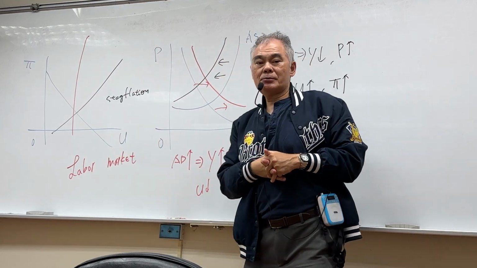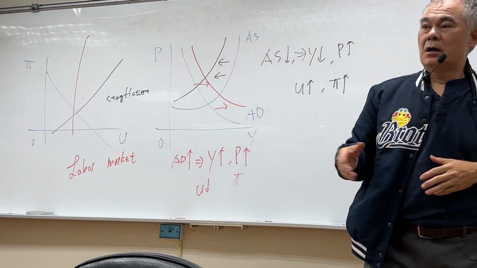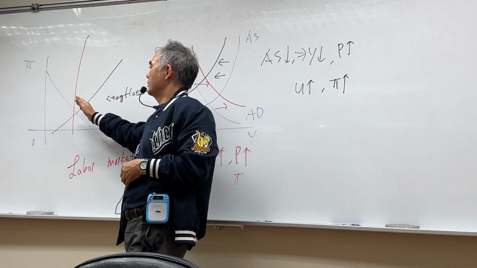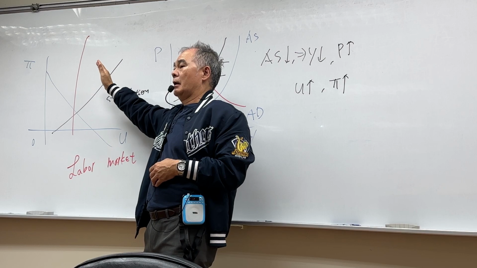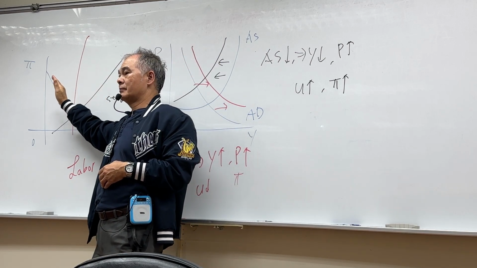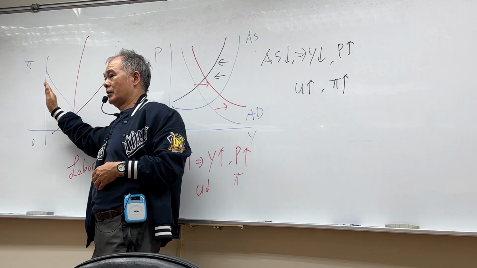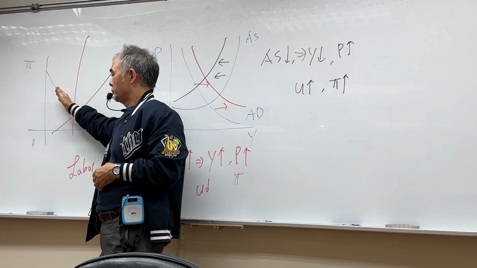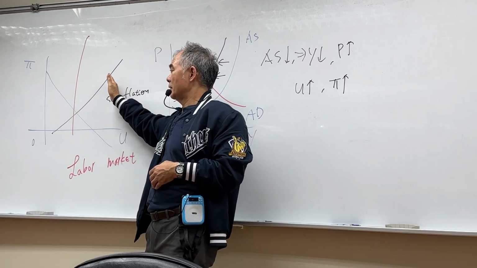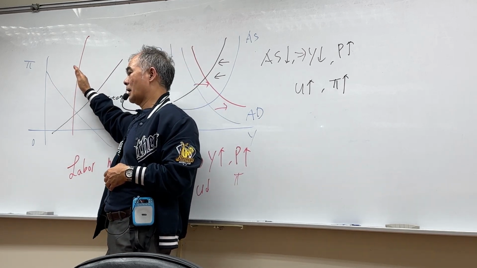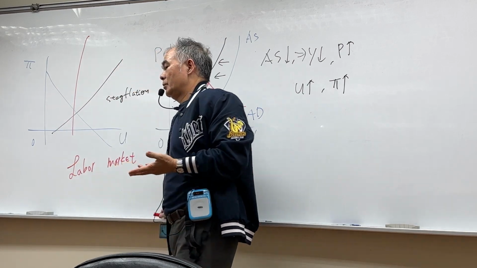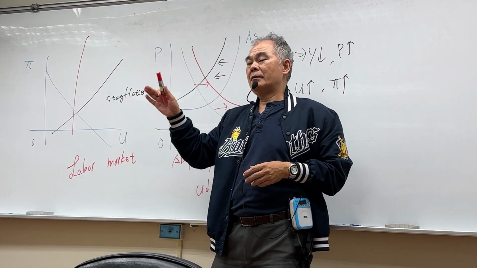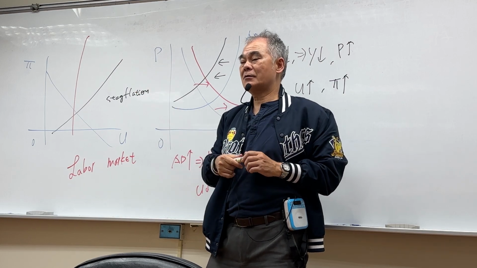Now my question to you. Under what circumstances will this Phillips curve shift to the right, and under what circumstances will it shift to the left? Shift to the left because of what? Shift to the right because of what? And you need to know, when the Phillips curve shifts to the right, what does that mean?